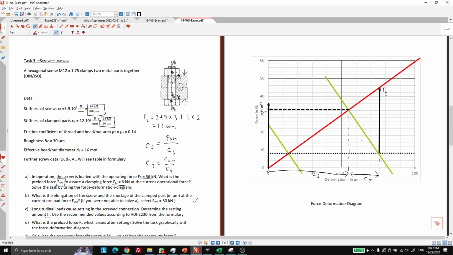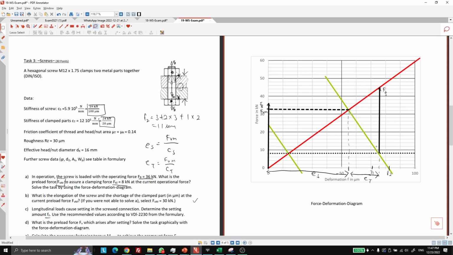All right, so 11 micrometers means that I have to move from here, which is around 60, 70, 82, and I have to move 11 micrometers to the left because FV is always smaller. All right, so 11 is 71.